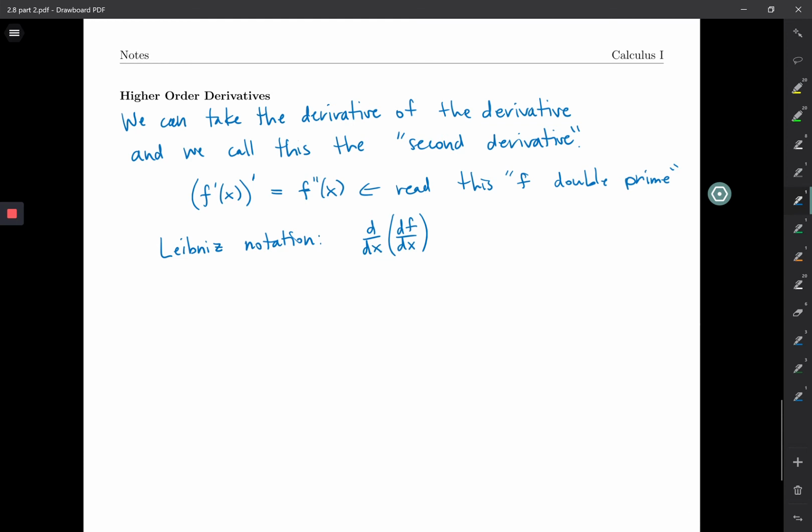This means take the derivative of what's in the parentheses.